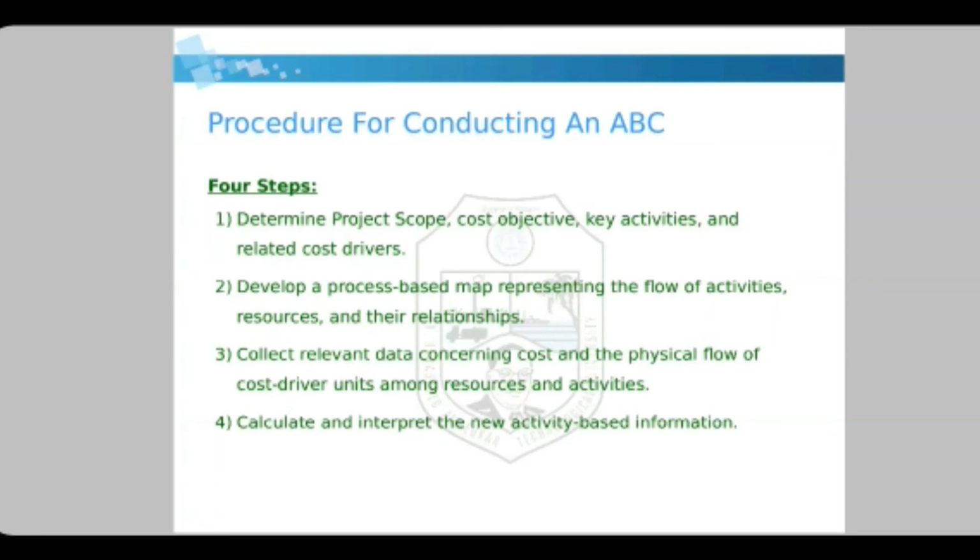We have to find out the resources and their relationships. Now third is collect relevant data concerning cost and physical flow of cost driver units among resources and activities. And last is calculate and interpret the new activity based information. You will understand these four steps in the next slide.